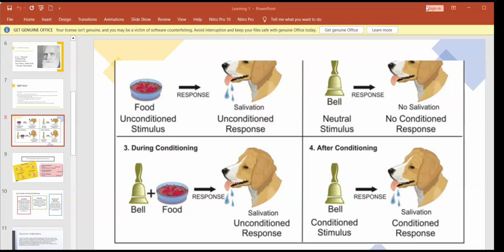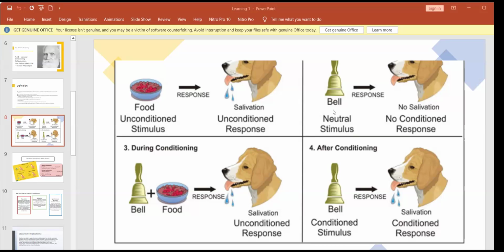Okay, it's there. And then NS, neutral stimulus. If you take no response, no salivation. So the bell is the neutral stimulus because to the sound of the bell, dogs don't salivate. So the sound of the bell is the neutral stimulus, no salivation.